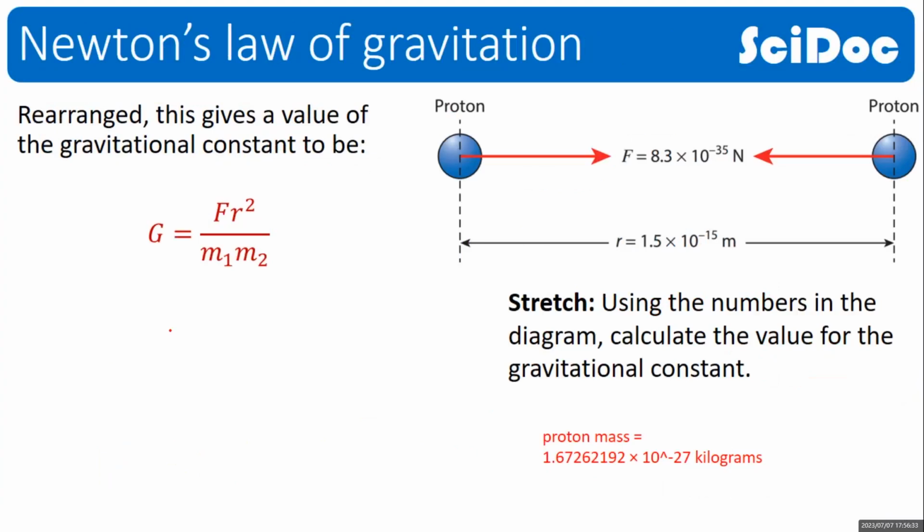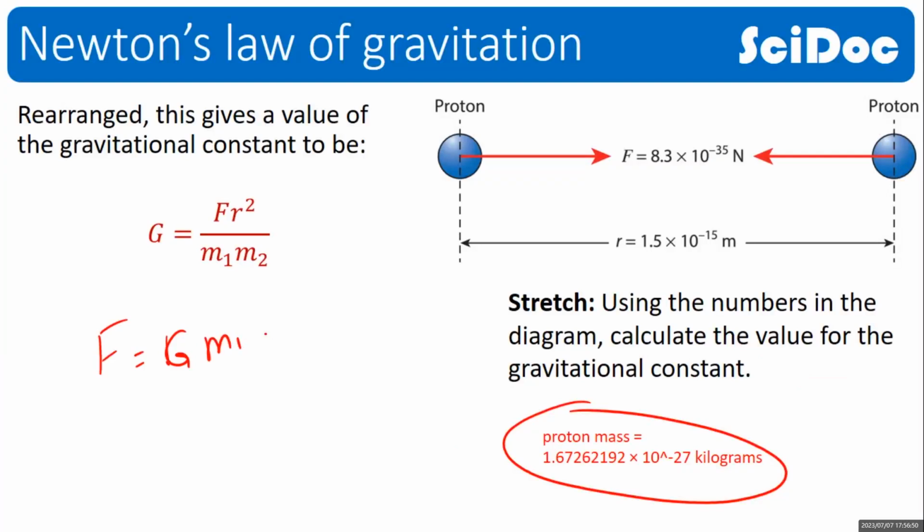And similarly, if we have two protons, and we know the mass of a proton is 1.67 times 10 to the power minus 27, we can use the equation G m1 m2 over r square to calculate the force between them. Here G is the gravitational constant, 6.67 times 10 to the power minus 11. m1 is the mass of the first proton, and m2 is the mass of the second proton.